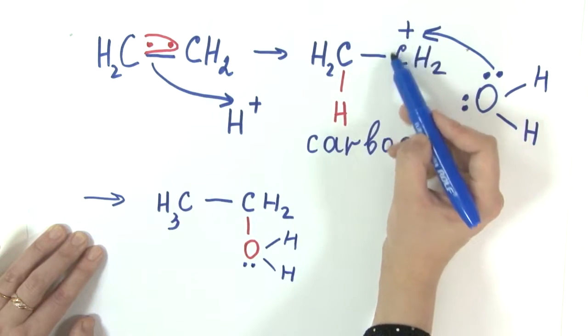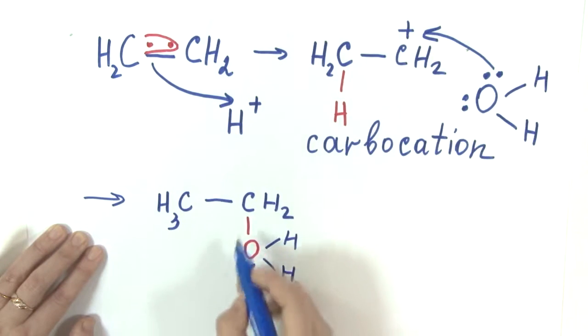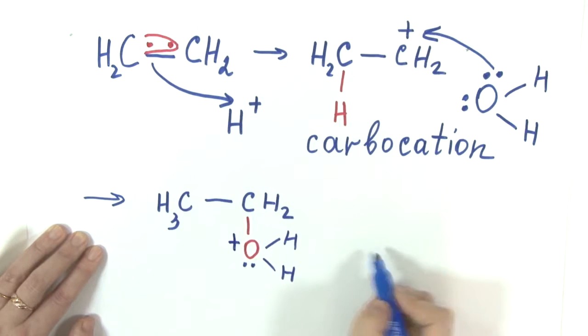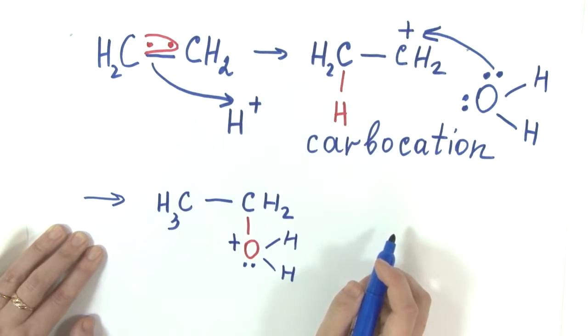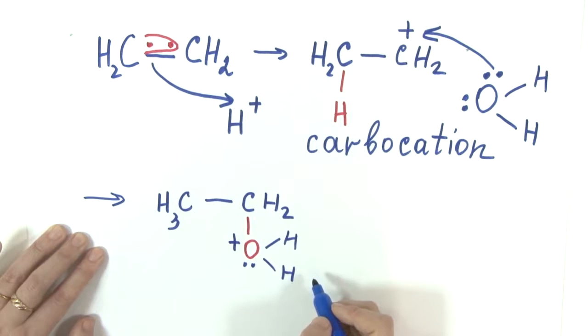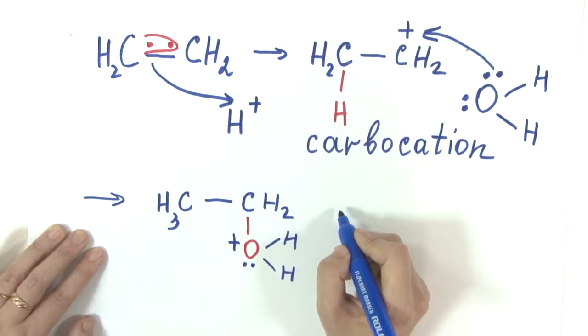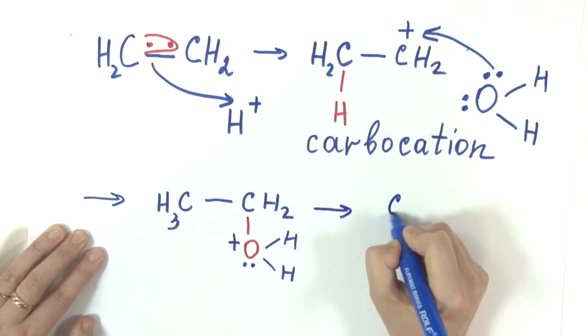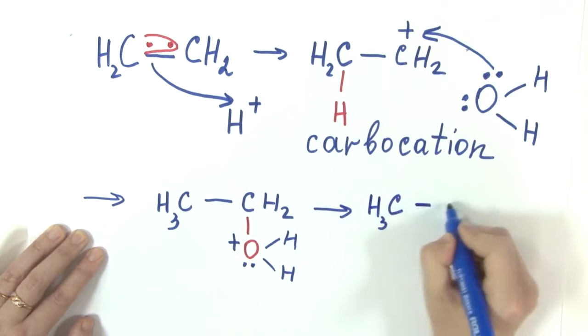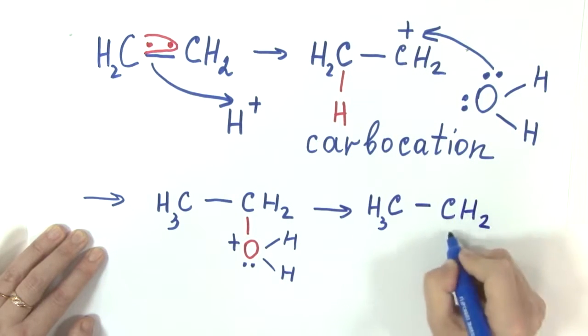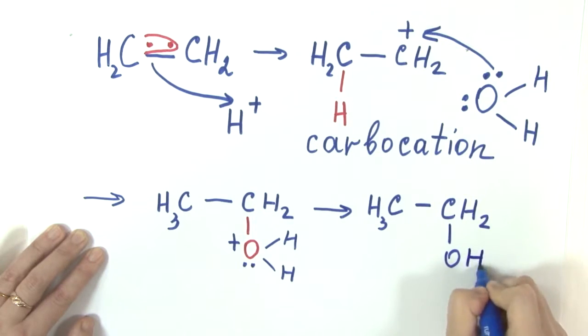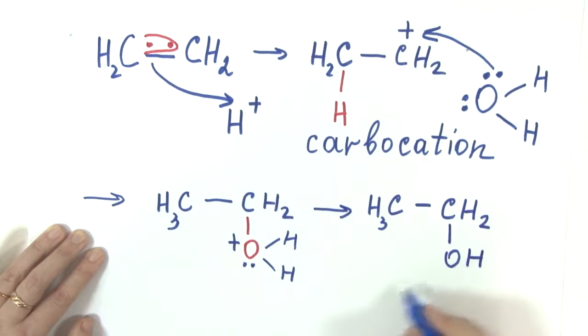The positive charge from carbon is transferred onto the oxygen atom. This particle is unstable. To achieve a stable state, this particle removes the hydrogen cation and releases our catalyst. We obtain the ethanol, and the proton as a catalyst is removed from the reaction.